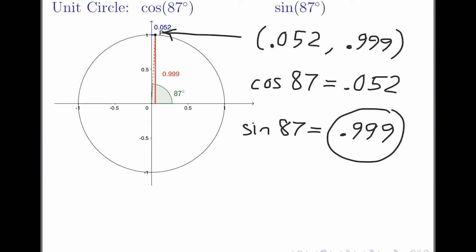How far to the right do I need to go? Not very far at all, only a distance of 0.05. So you can probably guess what's coming next. I'm going to change this from an 87-degree angle to a 90-degree angle, and then you can't really draw the triangle anymore, but you can still think about the sine and cosine in terms of the coordinates of the point on the circle.